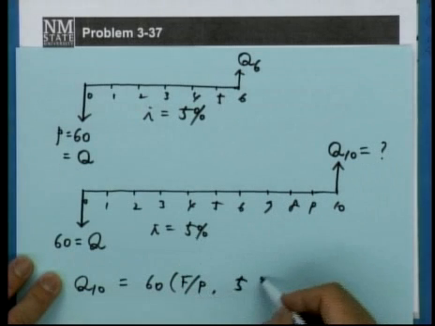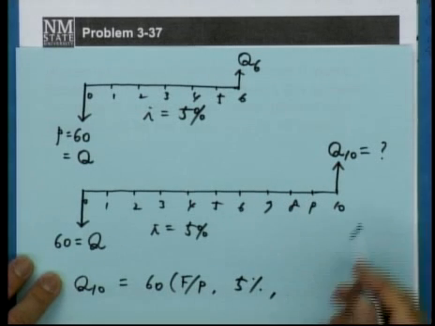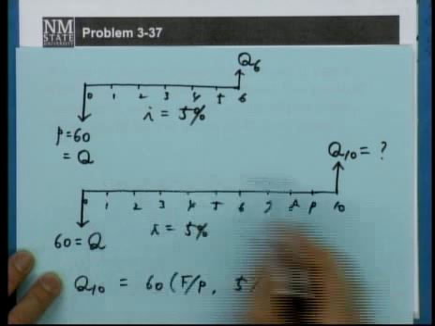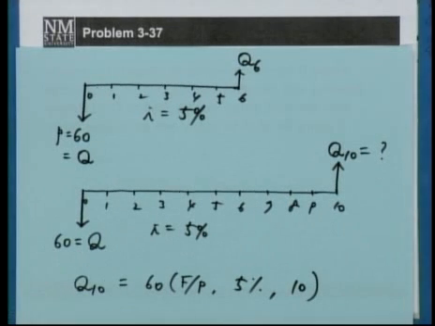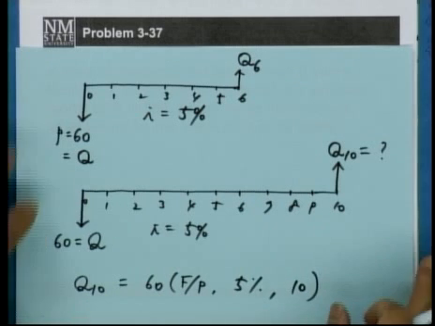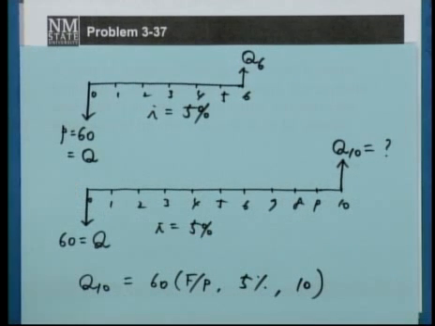And 5% interest rate, and over 10 periods, after 10 years, okay? And let's find the compound amount factor.